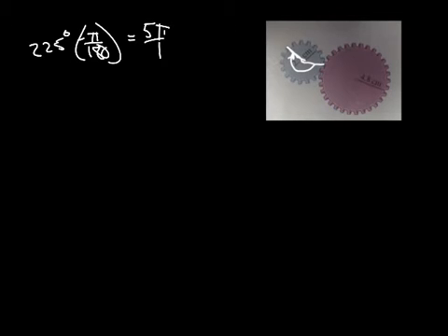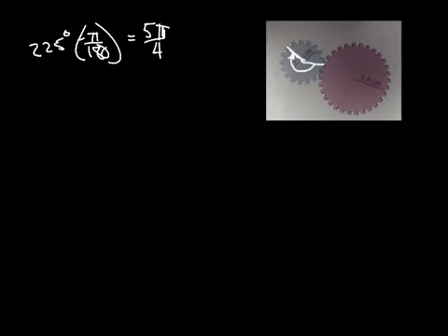So, what we first of all need to do is find the radian measure of that 225 degree angle. So 225 degrees times pi over 180 is going to give me 5 pi over 4. 5 45 degree angles is 225.